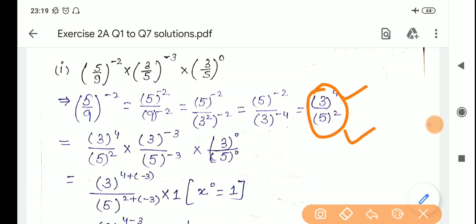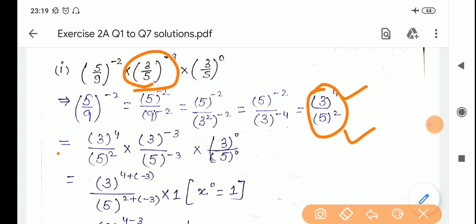In the second one, that is (3/5)^(-3), we will not do the reciprocal of this fraction because we have got the bases same now. Clear?